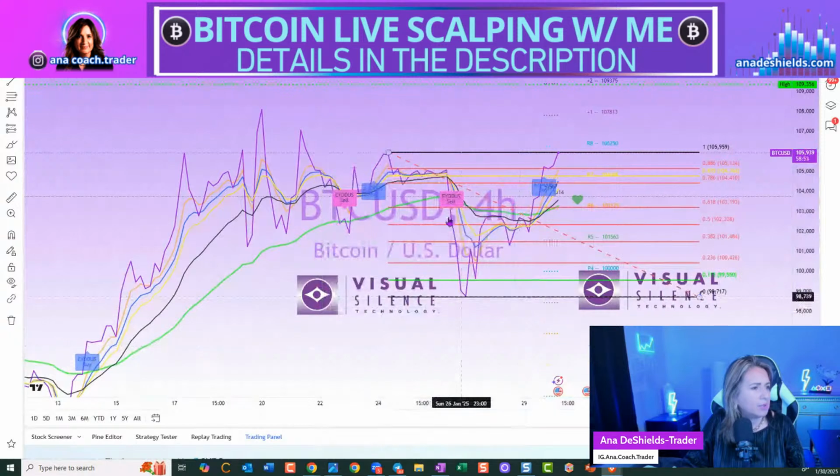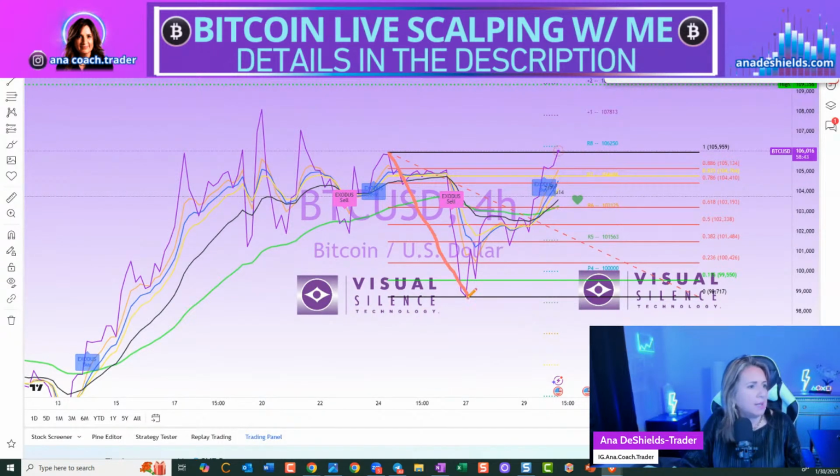Okay. So she really has done this type of move. Let me show you. Up here, high to low, come all the way down. And then we usually look for her to come up into this zone here. This is the heartbeat zone. And then sell back down to this green line.